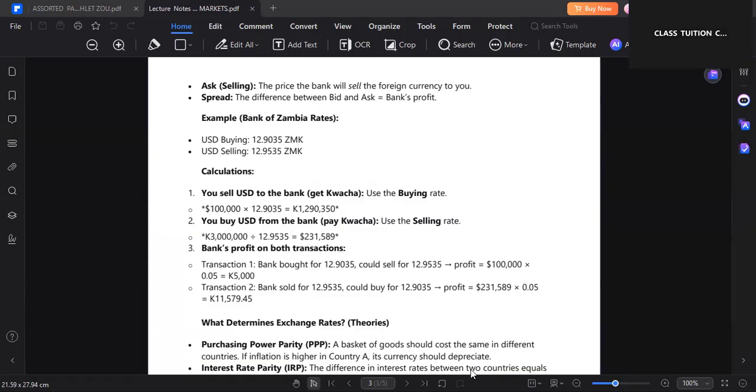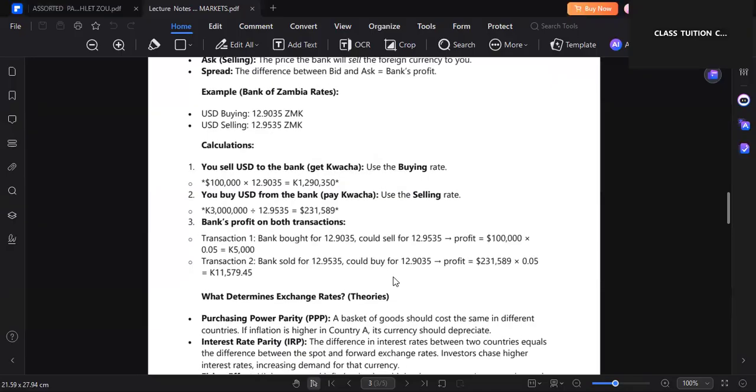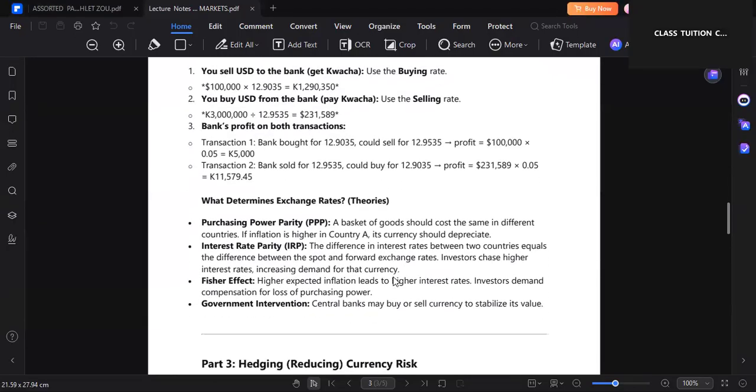So what determines exchange rates? We have four key theories. Number one, the purchasing power parity.